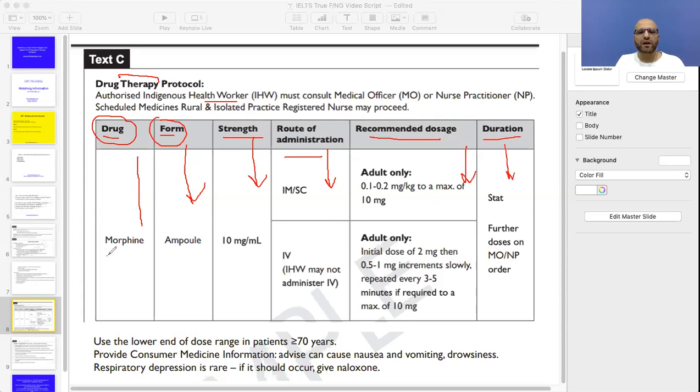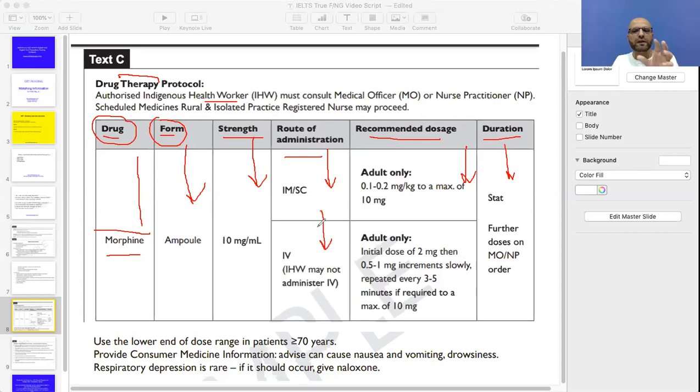Now, when we read about morphine, and you who are watching this, of course it is for healthcare professionals, they're well aware that morphine is a pain relief element, right? So morphine indicates that it is used for pain relief, and once it is evident that morphine is a painkiller, then you can also look at the route of administration column that talks about a procedure of administering this medicine.